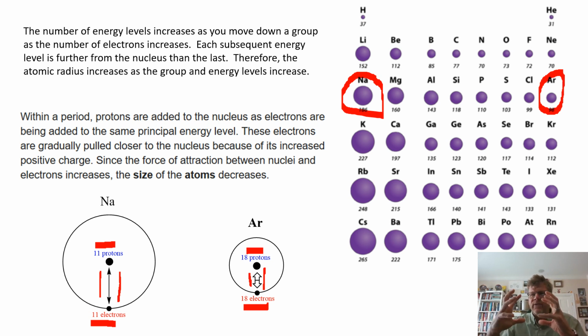It is essentially nothing there within there, so we can take that thin veil of electrons and bring that boundary in a little bit due to that greater force of attraction of 18 electrons to 18 protons versus the weaker attraction of 11 protons to 11 electrons.